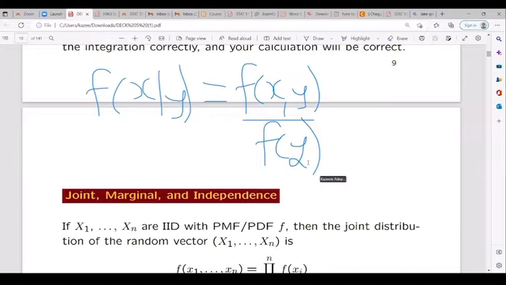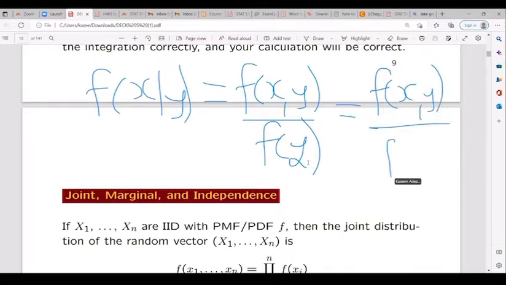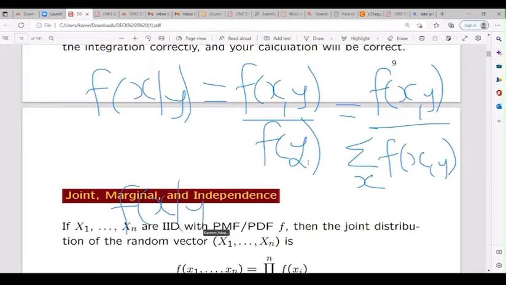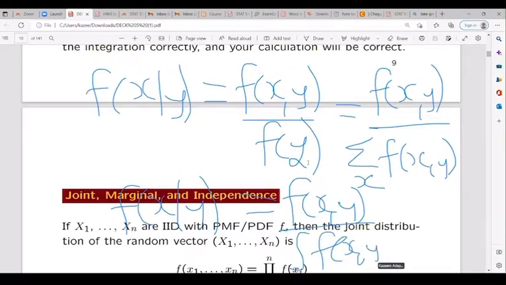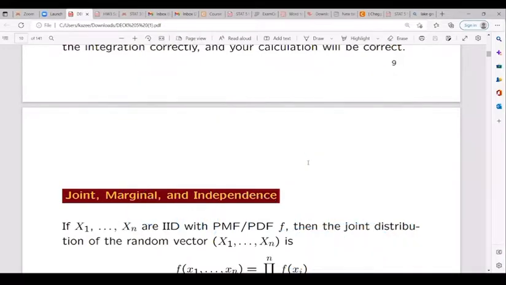Where x and y are discrete, this is f of x, y divided by the summation of f of x, y over the range of x. If it is continuous, that is f of x, y divided by the integral of f of x, y dx, using the range of x. So take notes of that.